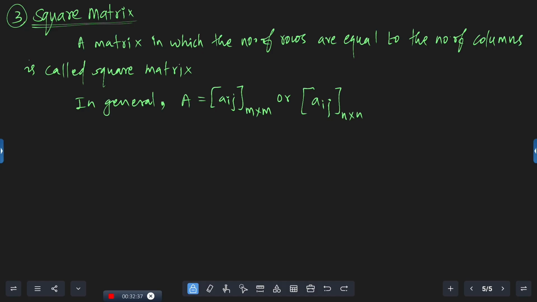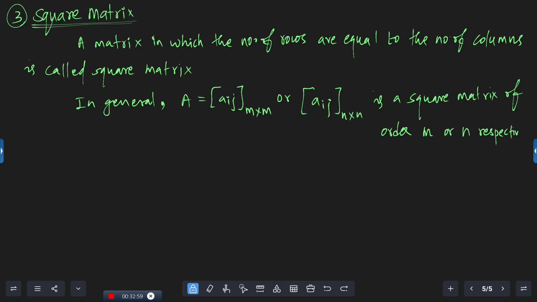So A is a square matrix of order m or n respectively.